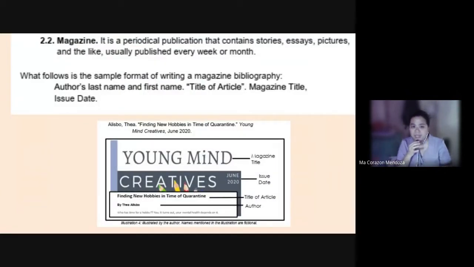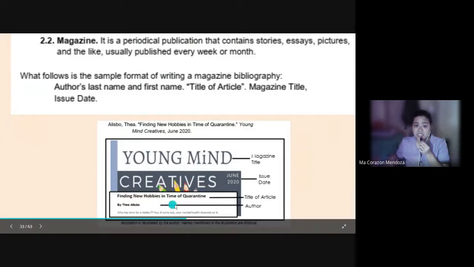Okay, we have magazine. It is a periodical publication that contains stories, essays, pictures, and the like, and it's usually published every week or month. So here you have to follow the format, author's last name, and this is where we can find the answer. Alisbothea, okay, period. What's the title of the article? Here, Finding New Hobbies in Time of Quarantine.